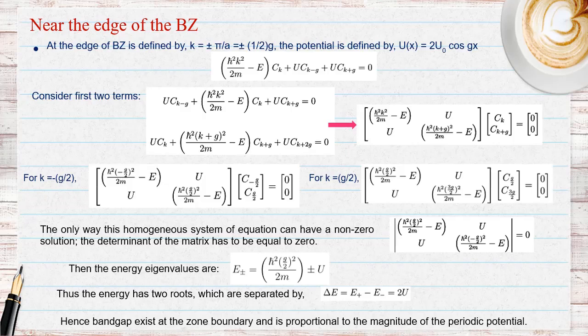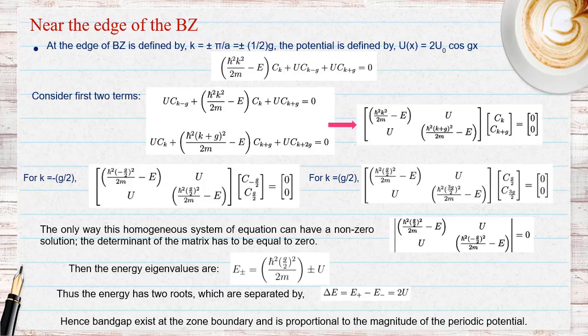The only way this homogeneous system of equations can have a non-zero solution is if the determinant of the matrix is equal to 0. Then only can we have non-zero solutions for the coefficients. So for the first two coefficients, c_(minus g by 2) and c_(plus g by 2), we can write the determinant: (h cross square (g by 2) whole square by 2m minus E), U, U, (h cross square (minus g by 2) whole square by 2m minus E), equal to 0.